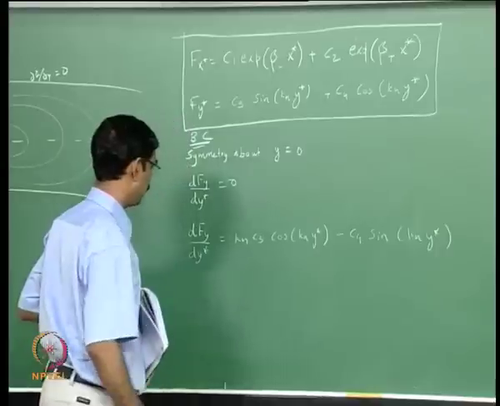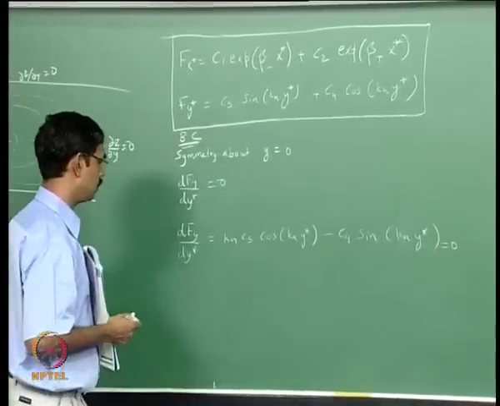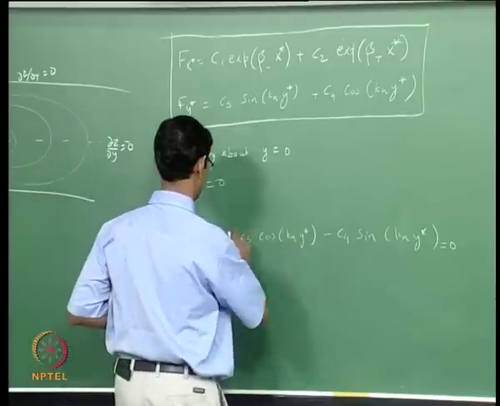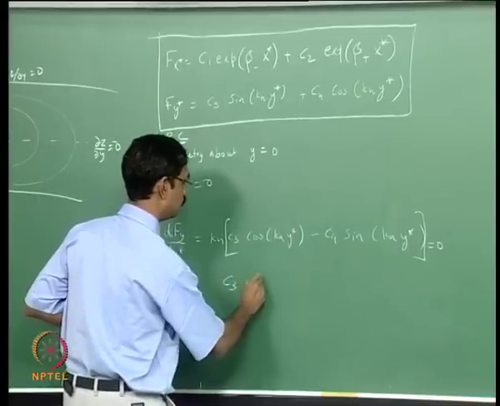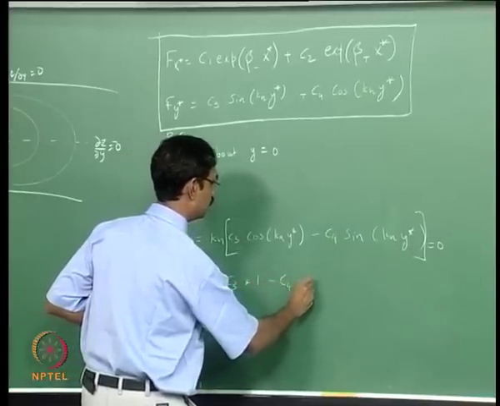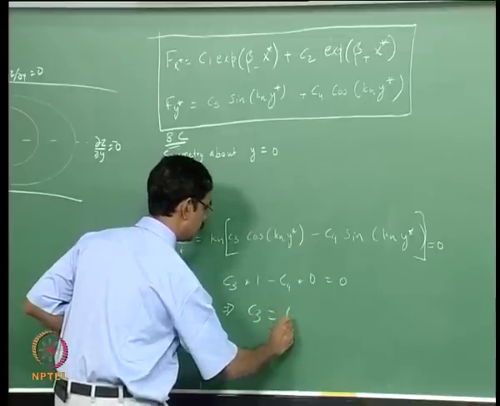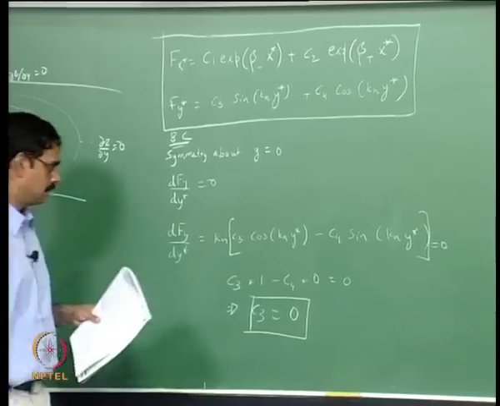If you put y equal to 0, this should be equal to 0. Cos 0 will be 1, right. So C3 into 1 minus C4 into 0 equal to 0, which will give C3 equal to 0, fantastic. That has simplified our solution quite a lot.